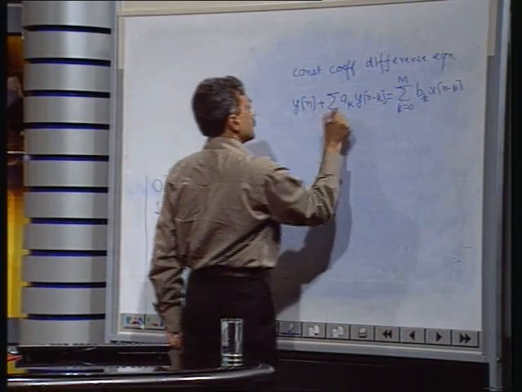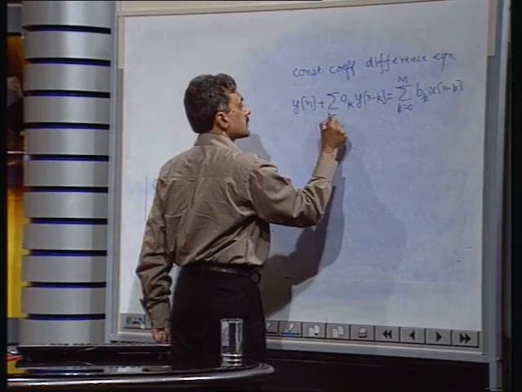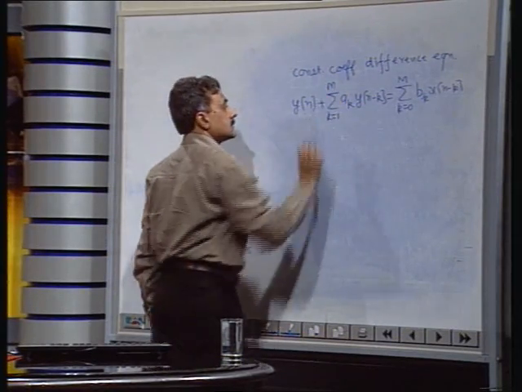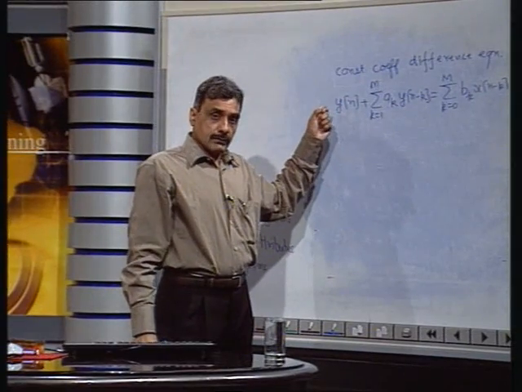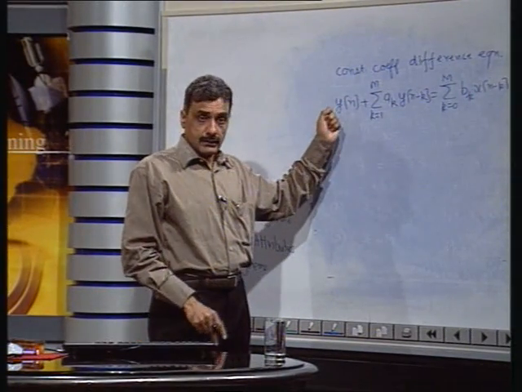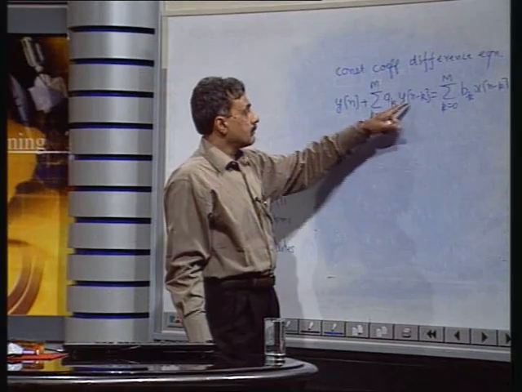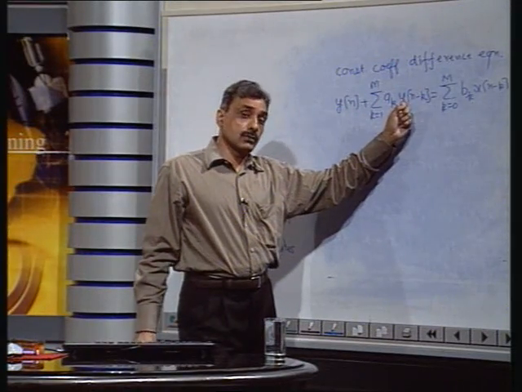I am considering a system whose order is, say, m. In order to compute y of n, the output at instant n, I am using the past m values of the output.